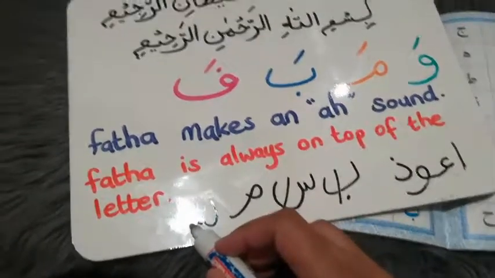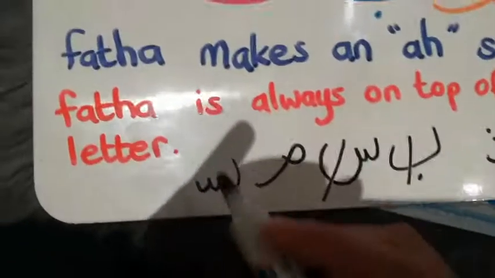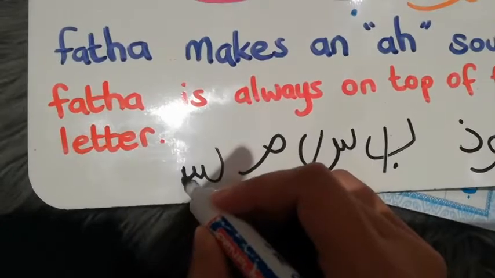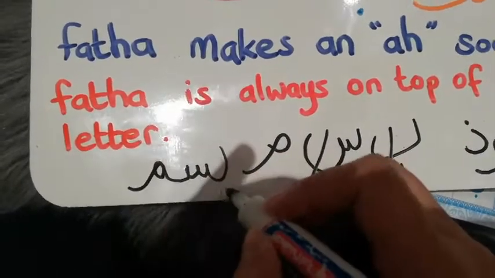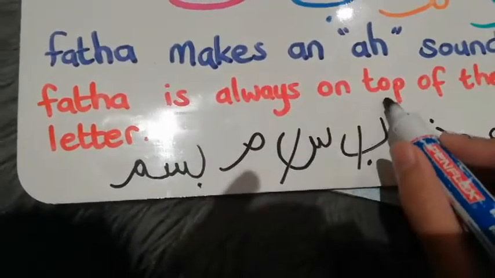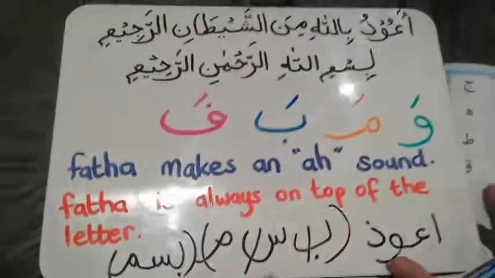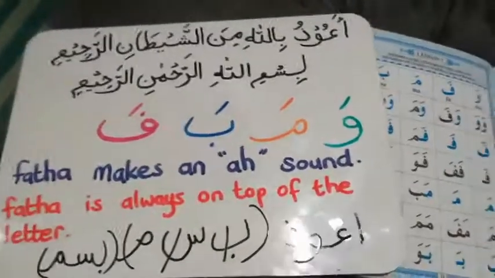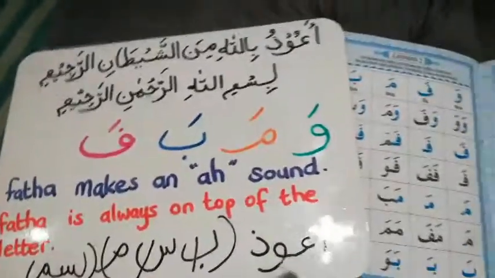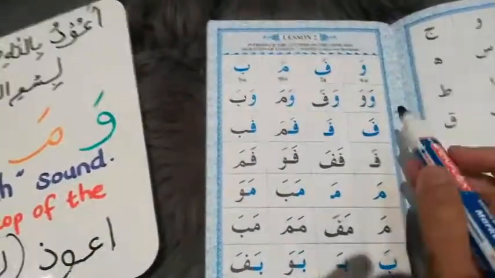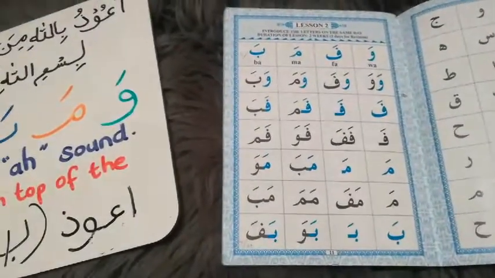Ba, sin, and mim. There we go. Can you see that? This is the long way and this is the short way. So this is what we're going to be learning in Quran as well. With the fatha sound, we are learning how to identify letters that are now going to be joined together.